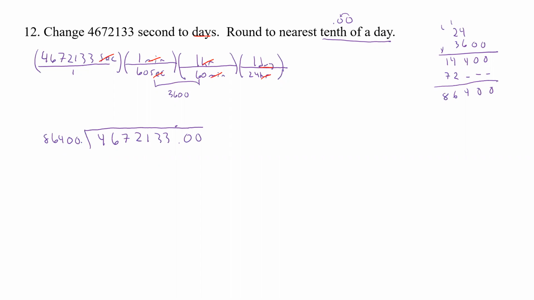And so we have 86,000. Okay, so it looks like if we take 86,400, if we take 8 times 5, that's 40. So let's try and see what that gives us. So it's a 0, a 0, a 20, a 32, and that's a 43. Okay, so that looks like that should work.